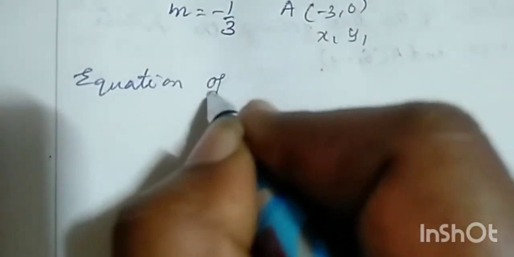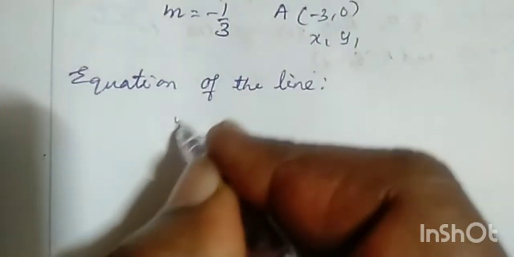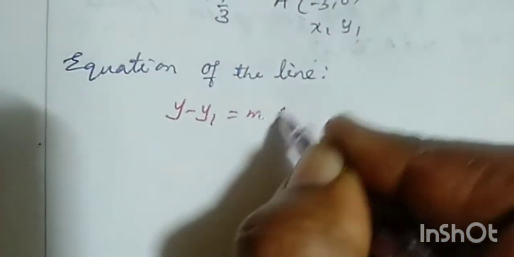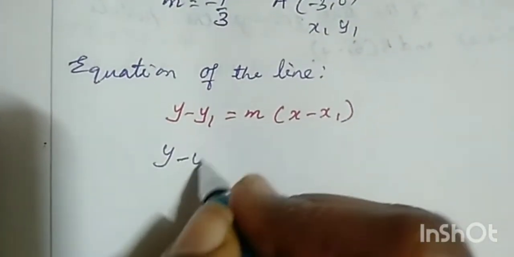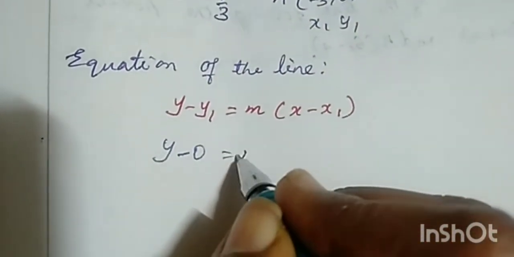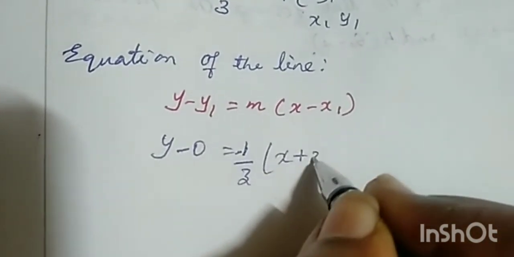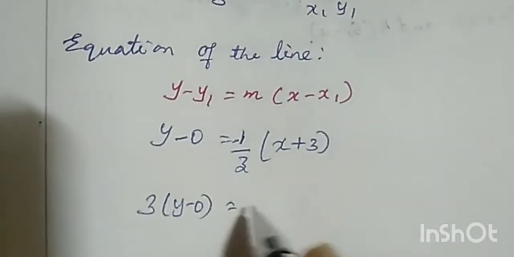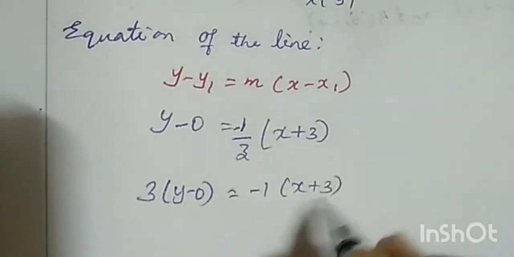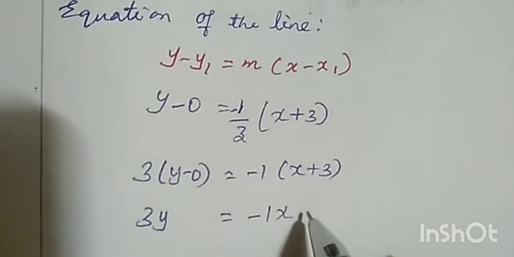Equation of the line. The formula is y minus y1 is equal to m into x minus x1. y minus 0 is equal to minus 1 by 3 into x minus x1. 3 will come towards the left-hand side. 3 into y minus 0 is equal to minus 1 into x plus 3. 3y is equal to minus 1x minus 3.